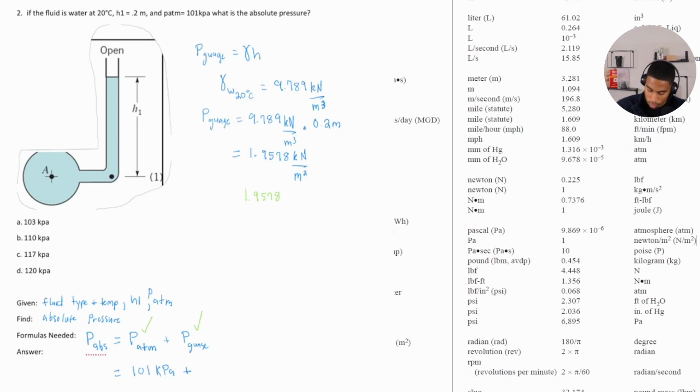All right, so 1.9578 kilonewton per meter squared.